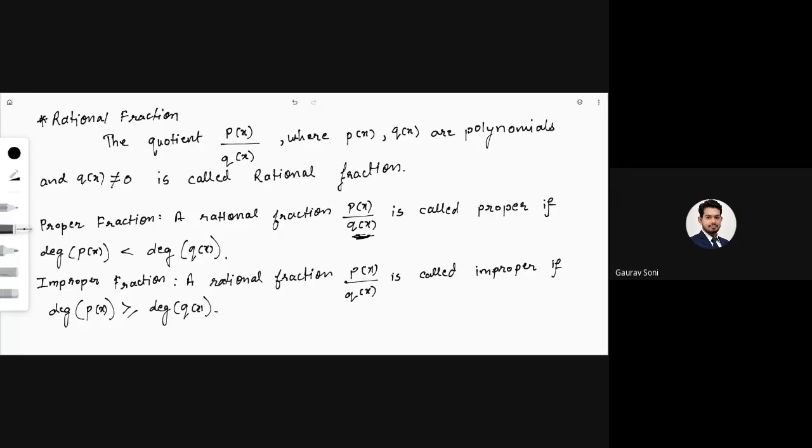What did you do when your numerator was greater in a rational number? What will you do if you have 4 by 2? We would divide it. The same thing we will do in polynomials for improper fractions too. We will have some examples on this now.